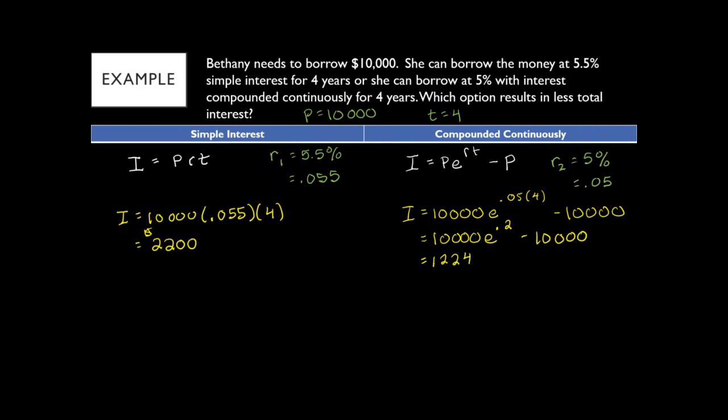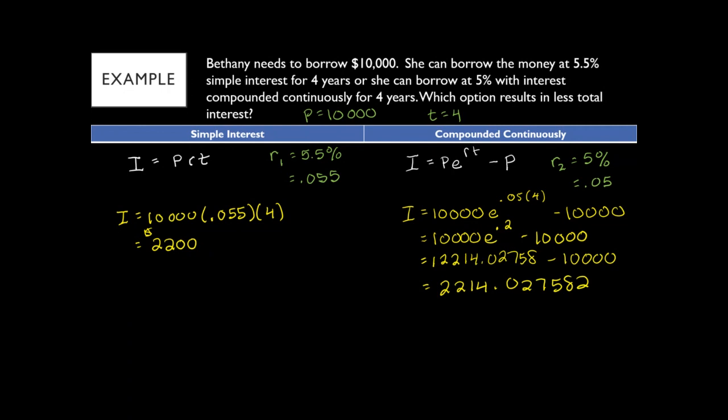So I got 12,214.02758 minus 10,000. So then I just subtract 10,000, 2214.02758.